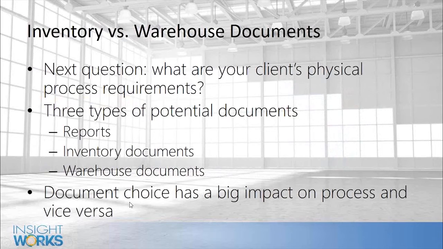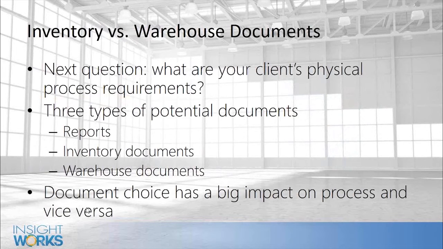The document choice does have a big impact, because if I'm dealing with inventory documents, I'm assuming that it's a one-stage process. When I finish my pick, I'm performing that end activity, like shipping. As soon as I finish the pick and I post it, I'm shipping that product. It posts the sales shipment, or posts the consumption, or if I'm doing receiving, it posts the PO.